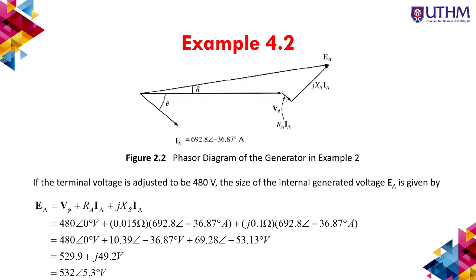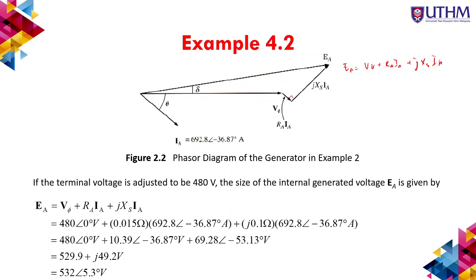So this is IA times RA, and then 90 degrees will become XS IA, and then we just connect it. From the previous equation we also know that EA is equal to V phase plus RA IA plus jXS IA.